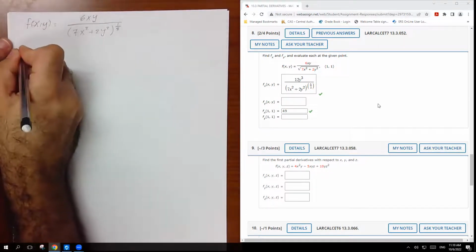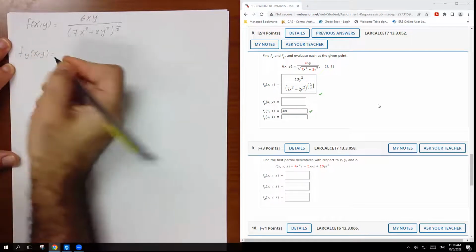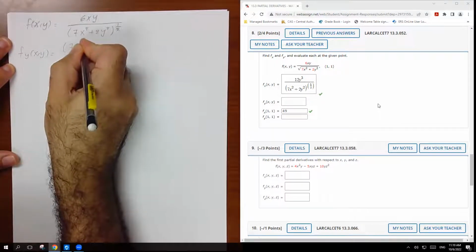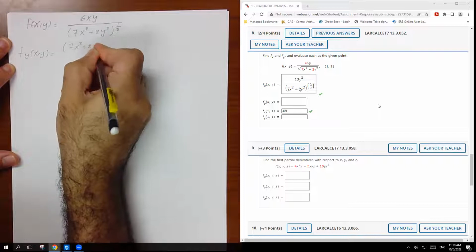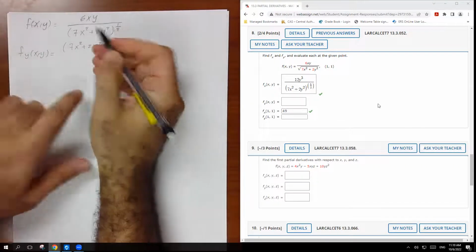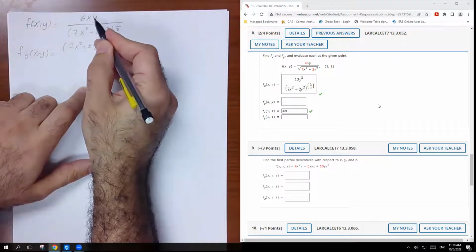So f sub y of x, y is going to be the same thing: the 7x squared plus 2y squared times the derivative of the top part with respect to y, so it's going to be 6x.